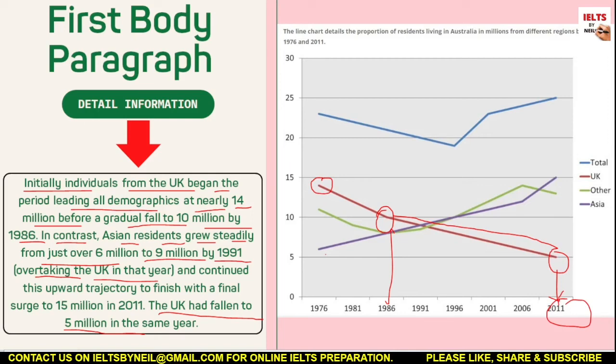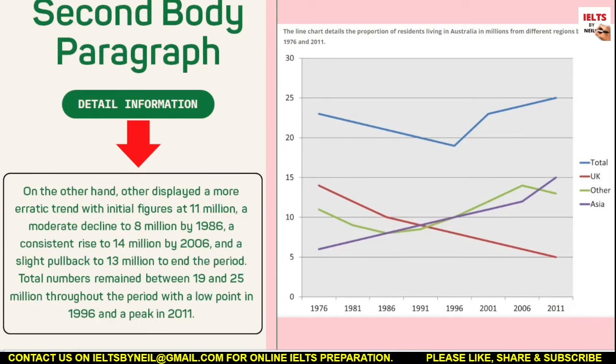Now let's move on to the others and total. So if you have a look at this one, on the other hand, others displayed a more erratic trend with initial figures at 11 million. Okay, this is green one, others. Initial figures at around 11 million, a moderate decline to 8 million by 1986.